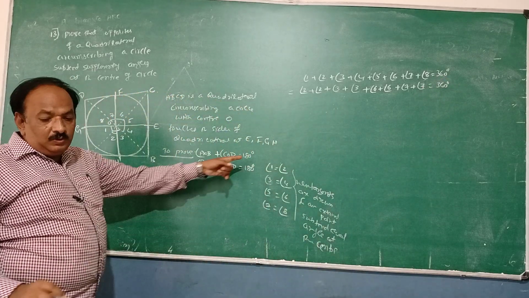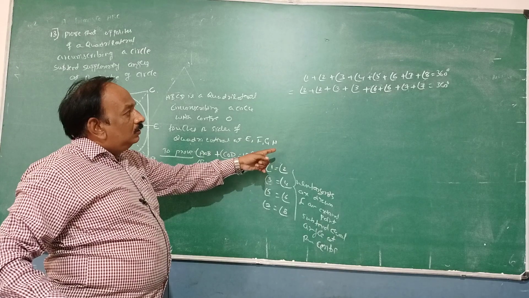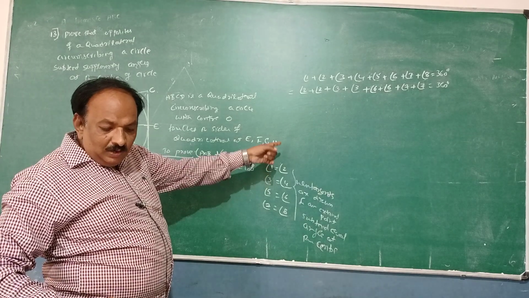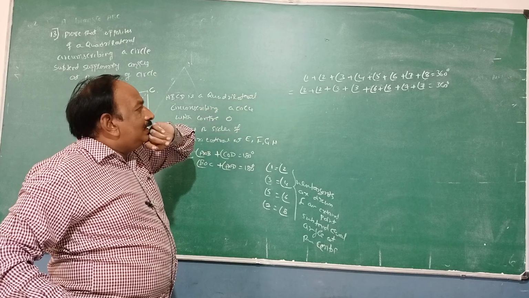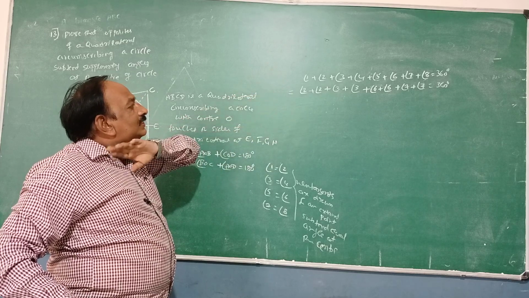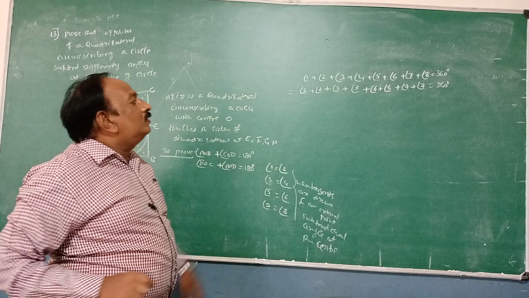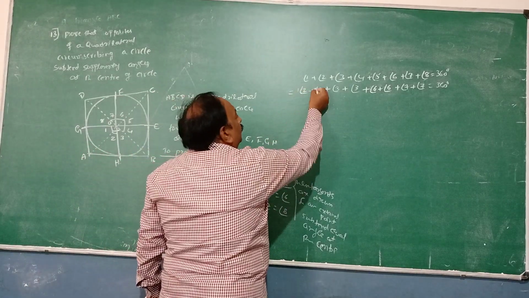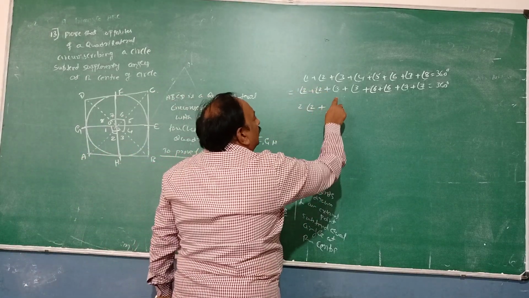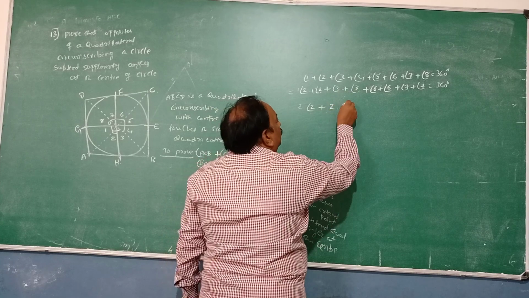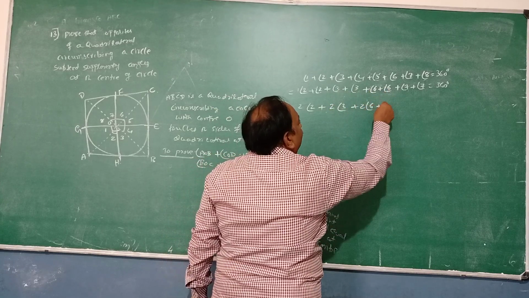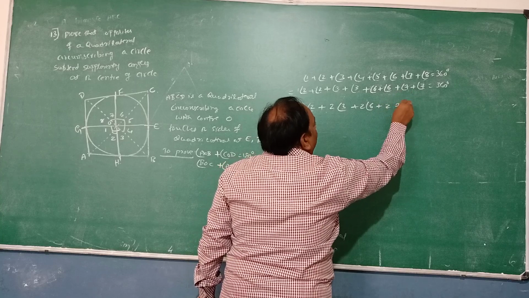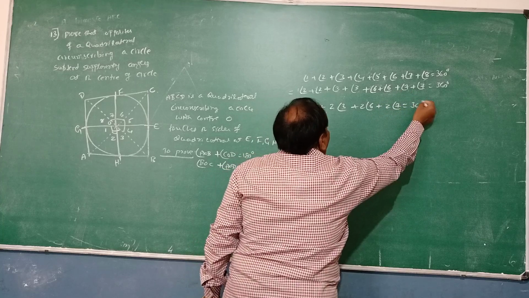Angle 1 is equal to angle 2, angle 4 is equal to angle 3, angle 5 is equal to angle 6, angle 8 is equal to angle 7. So we get 2 angle 2, 2 angle 3, 2 angle 6, 2 angle 7 is equal to 360 degrees.